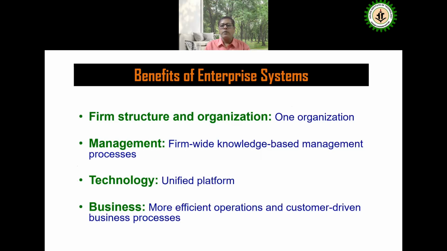And customer driven business processes means most of the modern supply chains are pull based supply chains. Initially, most of the organizations concerned with supply chain management were based on a push based model.